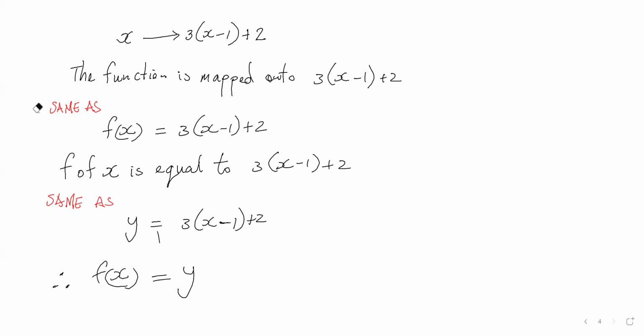But if we're dealing with the function, then it would be the function of x is mapped onto that, which is the same as saying f of x is equal to that. f of x is equal to, which is the same as saying y is equal to. That means f of x is also equal to y.